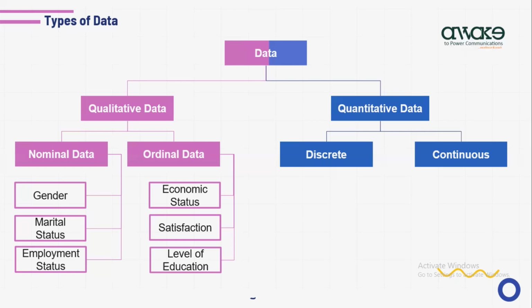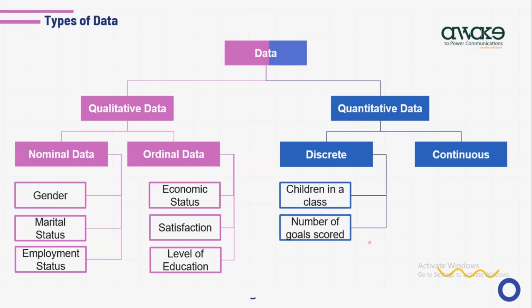Sorry, they can't be divided into smaller parts. I'll give you the reason why. Let me give you examples of discrete data and we'll clarify that. For instance, the number of children in a class or number of goals scored.